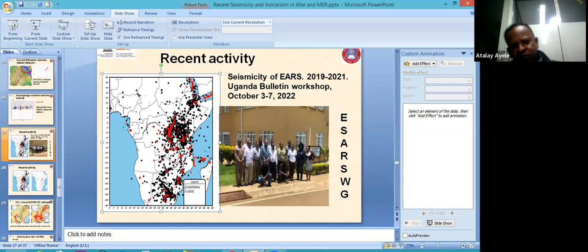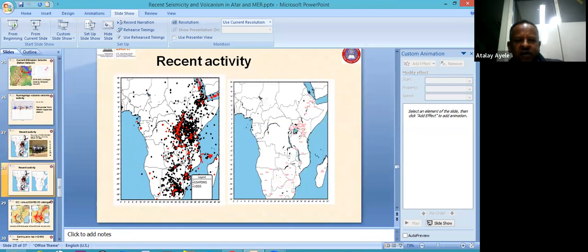These points, be they black or red, are actual events, actual earthquakes that occurred in the East African Rift. They are not wiggles, they are not artifacts. If we were to have a very good network in the region, you can imagine how well we could locate them. So one can say that the East African Rift is more active than we believe it is.